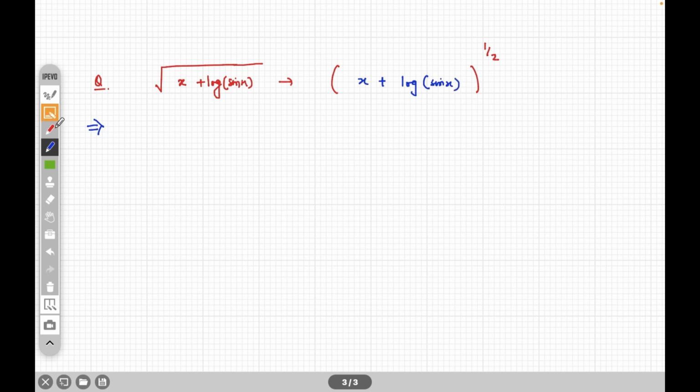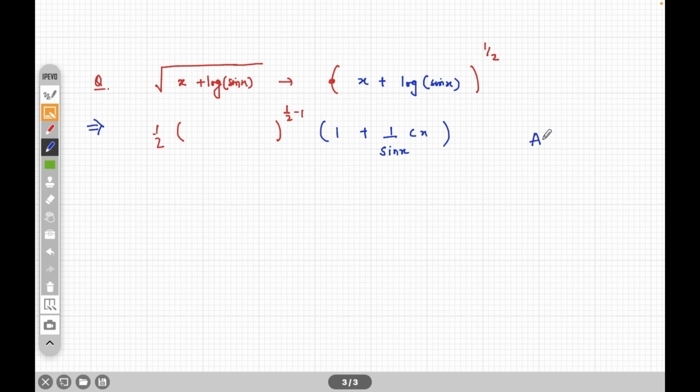So when you are walking, whom do you meet first? The bracket. Differentiation of this bracket: the power comes forward, and the same thing to the power minus 1. Now I went inside, whom did I meet? X, which gives 1. Then log, which gives 1 upon sine x. Differentiation of sine x is cos x.